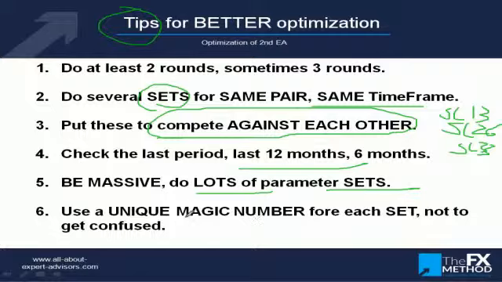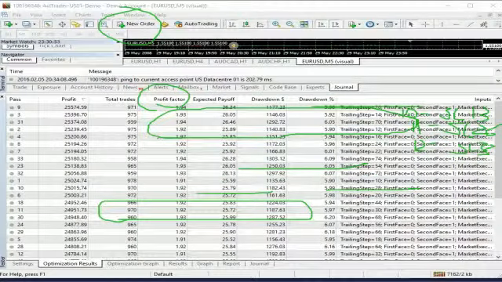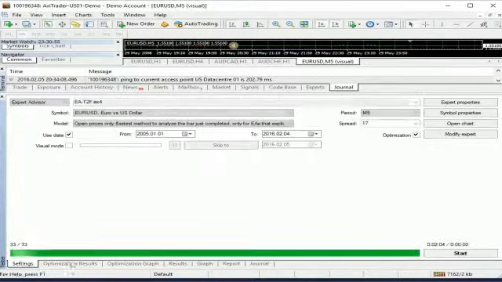And once you put them for trading, use a unique magic number for every setting, so the robot doesn't get confused what it's trading. Let's say you make the setting number 1 with the stop loss 13, you'll put in magic number 10. To this, you'll put magic number 11, magic number 12. It's finished. You heard the optimization, and once you trade it, which was shown on the other video the other day, we explained how to trade it.